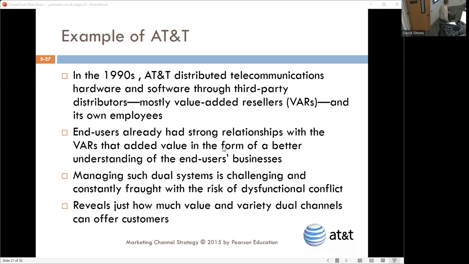So back in the 80s, in 1986, the Communication Act of 1986 required that AT&T would have to sell its equipment to third party. Before 1986, American Telephone and Telegraph was a monopoly in the United States, a regulated one.